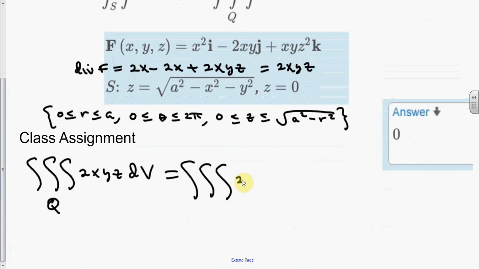The x is r cosine theta, and then the y is r sine theta, and then the z is the square root of a squared minus r squared. So we have 2. There are 3 r's, so it's r cubed, but then for cylindrical coordinates, you've got to have that r factor anyway, so it's going to be r to the 4th. r to the 4th cosine theta sine theta, and then this is times the square root of a squared minus r squared.